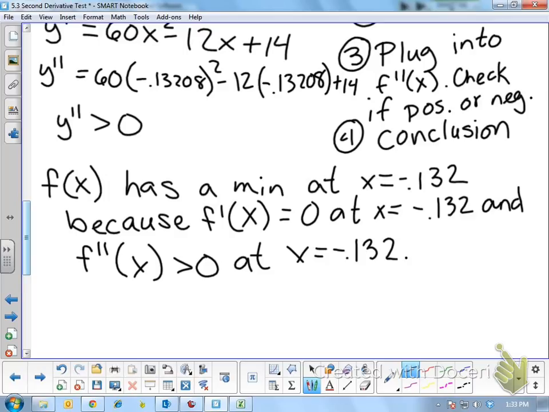We can't just say, because we found the critical point there, they're going to be like, well, how did you find the critical point? We need to be super specific with reasoning like this. On the AP test, if they ask for any sort of reasoning, be very specific. It's better to over-explain than to under-explain.